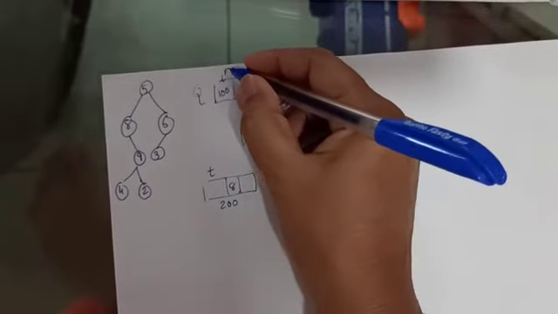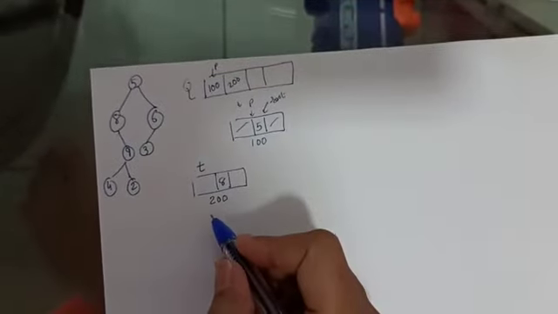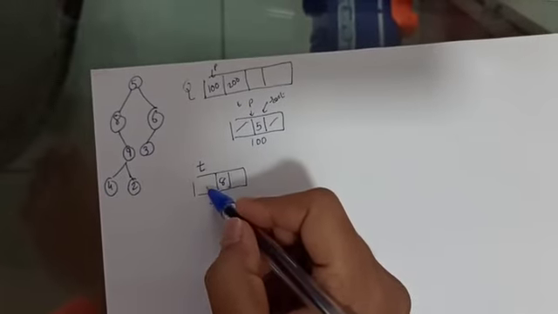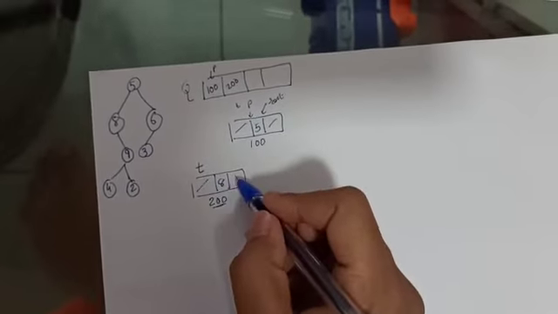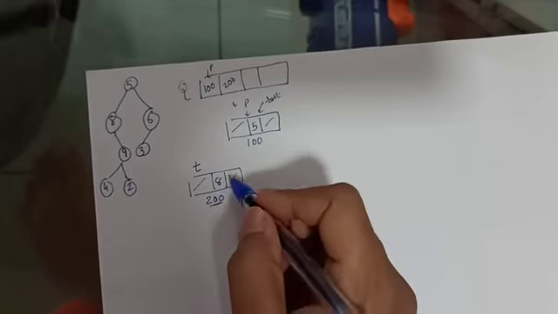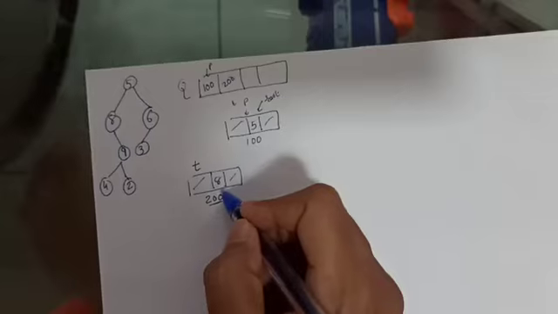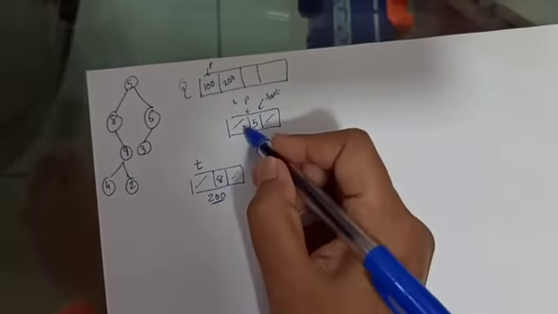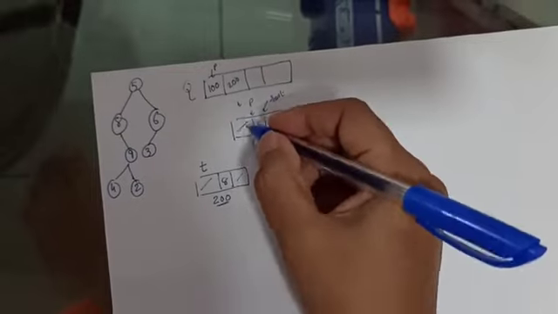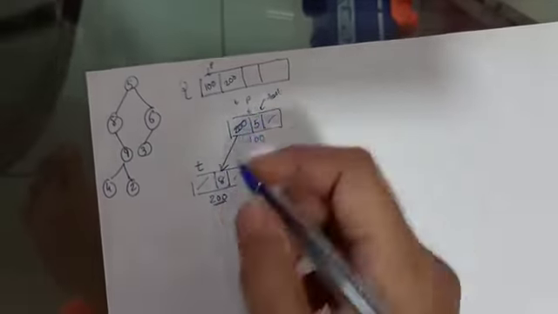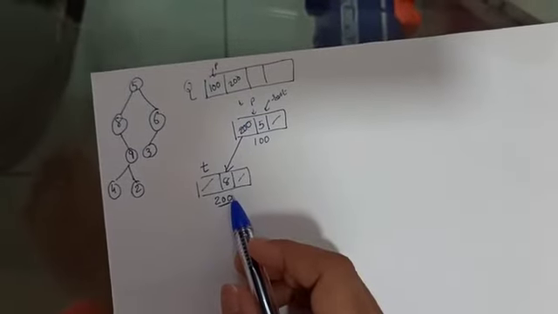Before that, we will store null into the left child address and right child address of this node. Now we have to set the address of this node as the left child address. So we will store 200 here, and we can create a link.